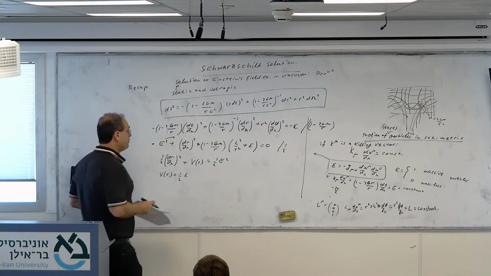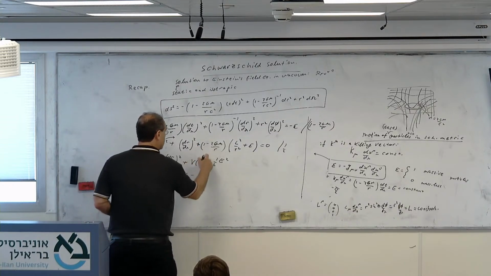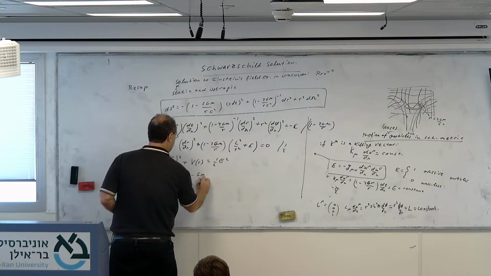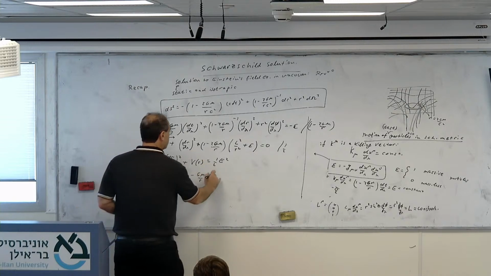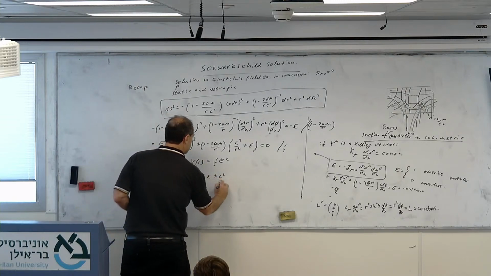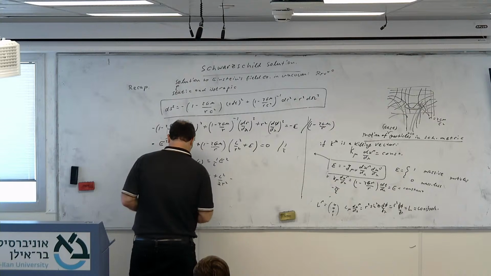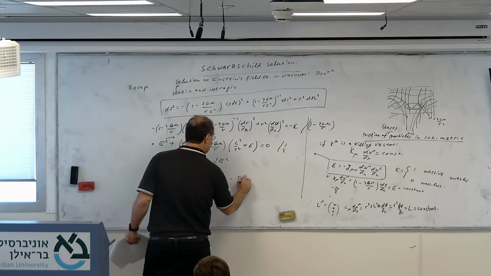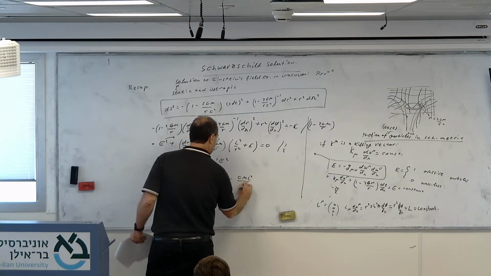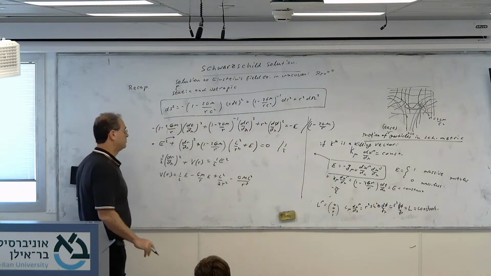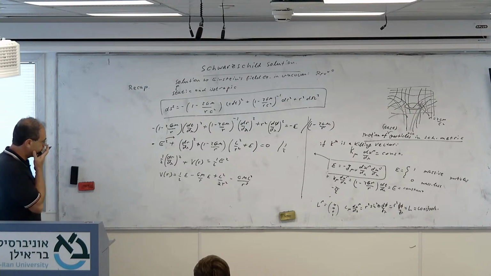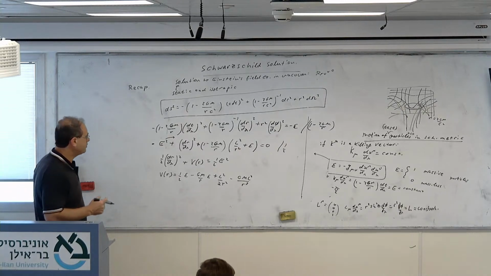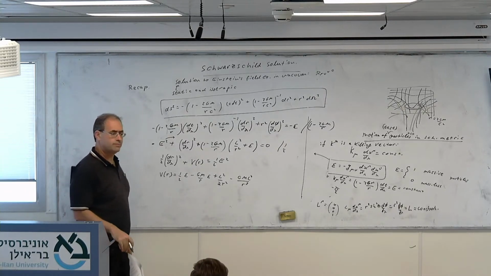Then we have here minus 1/2 GM over r epsilon plus L squared over 2r squared minus GM L squared over r cubed. Okay. Does that ring a bell? This equation looks like an effective potential.